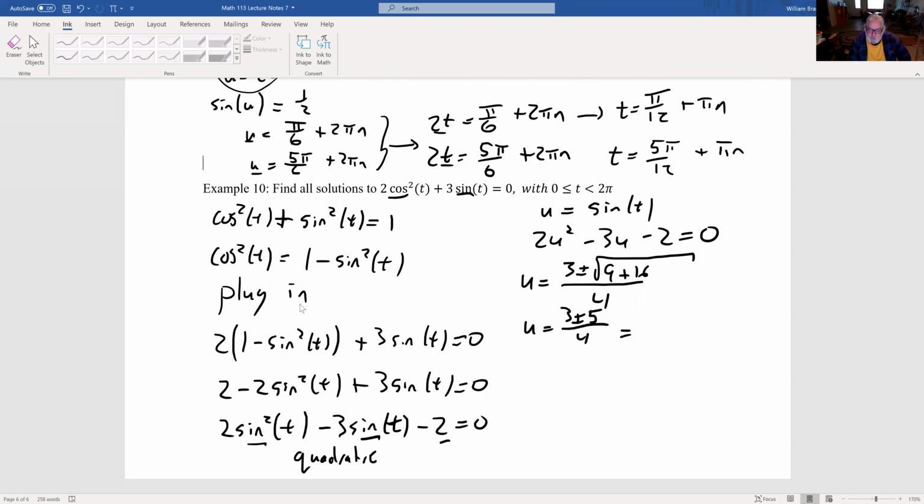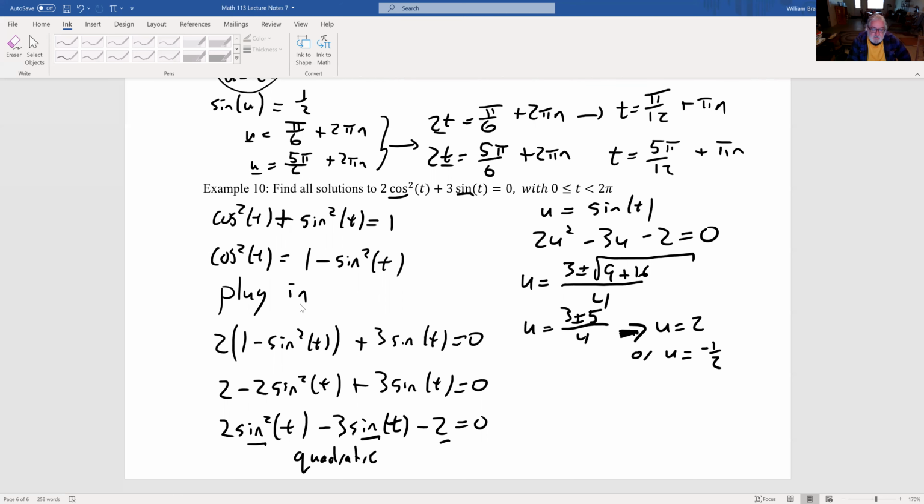So we have two possibilities. One is u is 3 plus 5 over 4, which is 8 over 4, which is 2. Or u equals 3 minus 5 over 4, which is 3 minus 5 is minus 2, u equals minus 1/2.